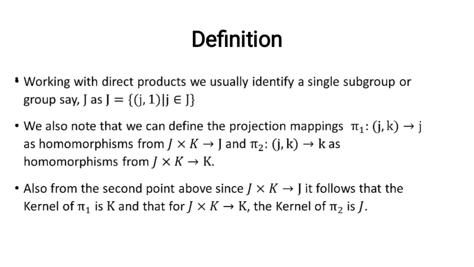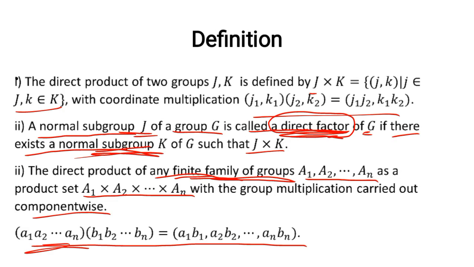The next thing you need to know is what we call a projection mapping. What is a projection mapping? So projection mapping is a mapping of this form. What pi1 is doing, it's taking the element (j, k). You know where (j, k) is from? It's actually from this set here. It's from the set of direct product, right?